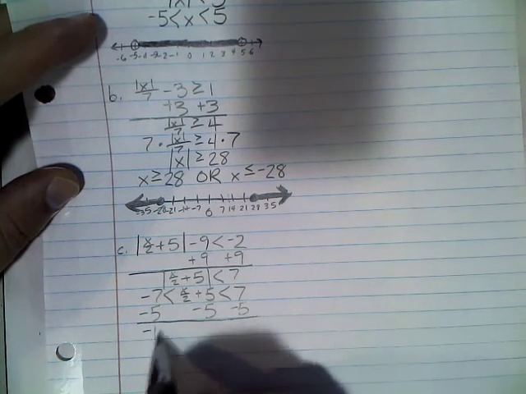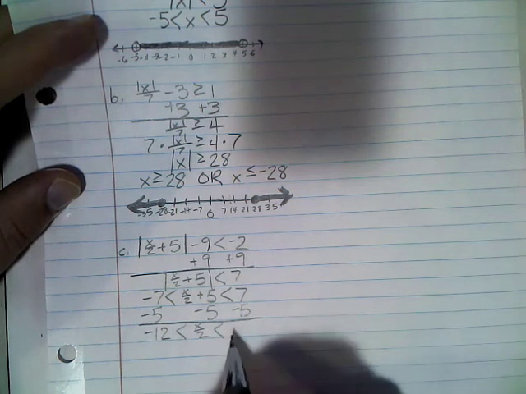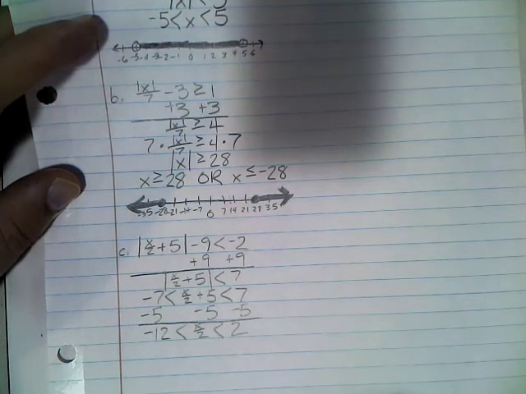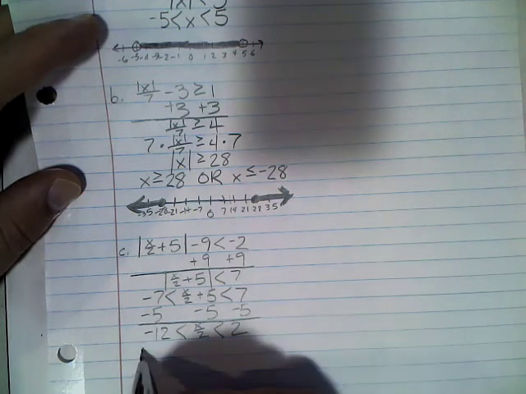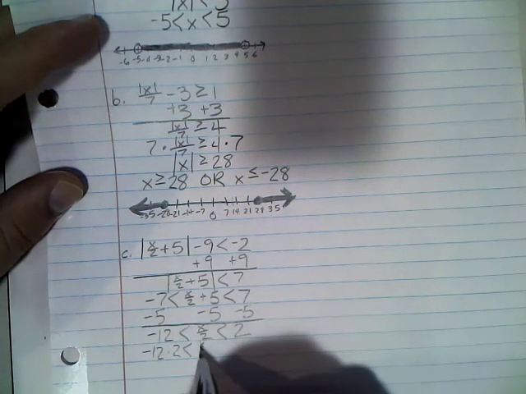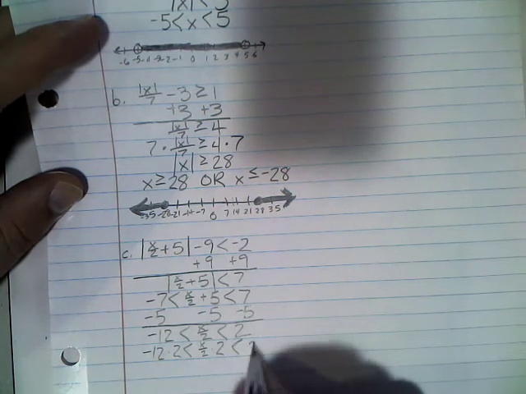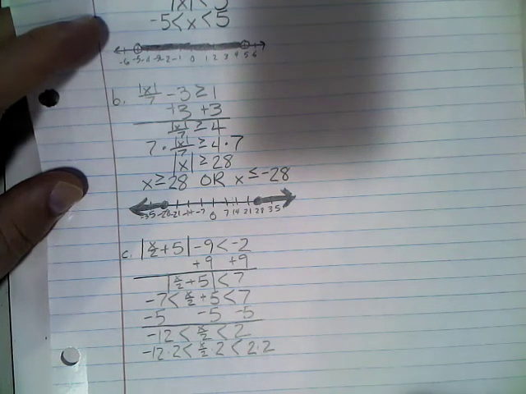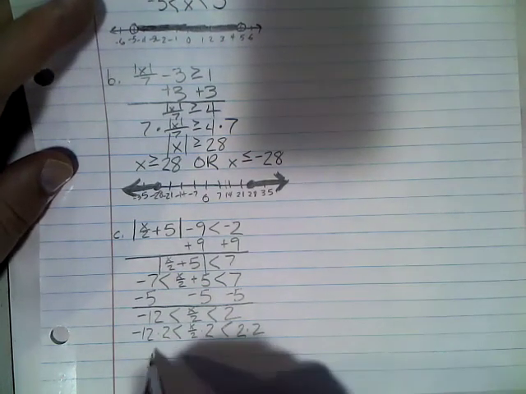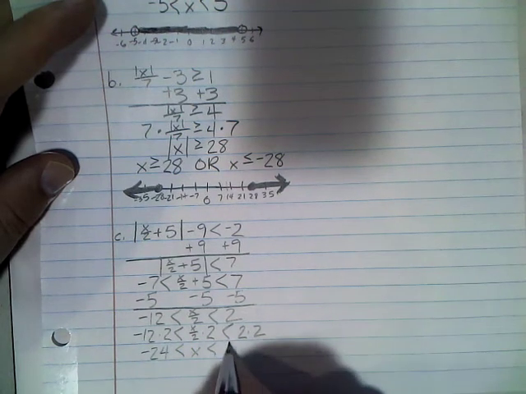So I'm going to have a negative 12 is less than x over 2, which is less than positive 2. And so now to finish it off, a negative 12 times 2 will be less than an x over 2 times 2, which will be less than a 2 times 2. So that's a negative 24 is less than x, which is less than 4.